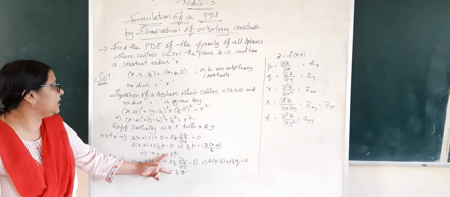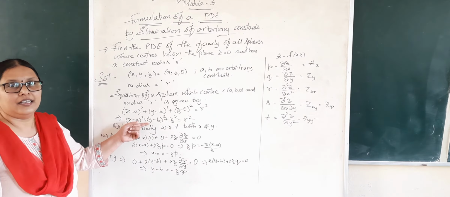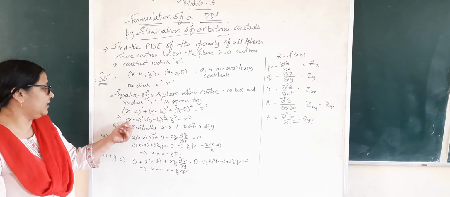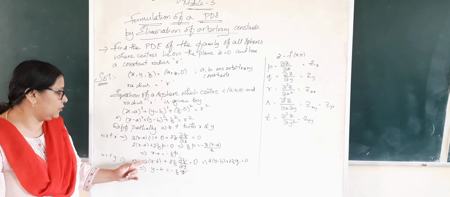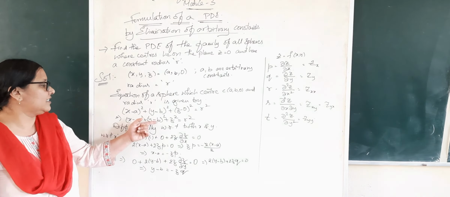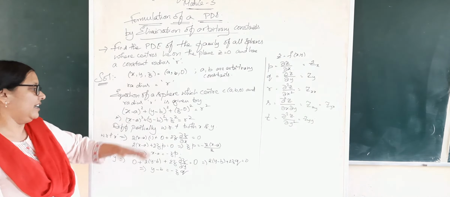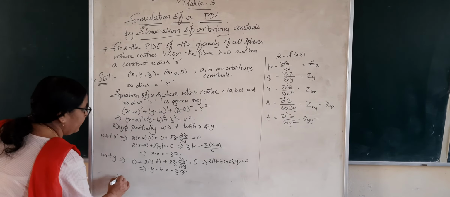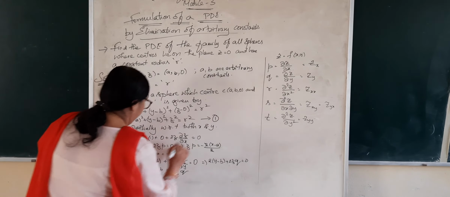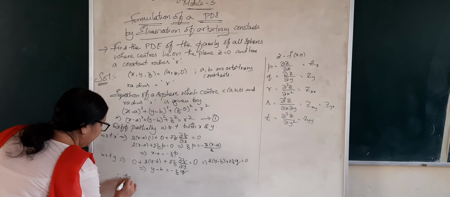Let us go ahead and substitute these two in this equation. So this equation has two arbitrary constants a and b. When we substitute these two, the two arbitrary constants can be easily eliminated and hence we get the required partial differential equation. Therefore, we can name this equation 1.